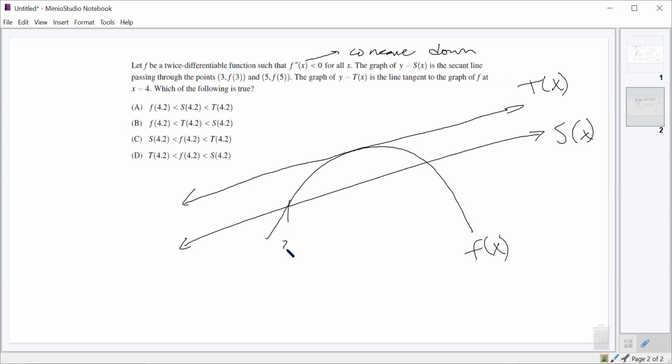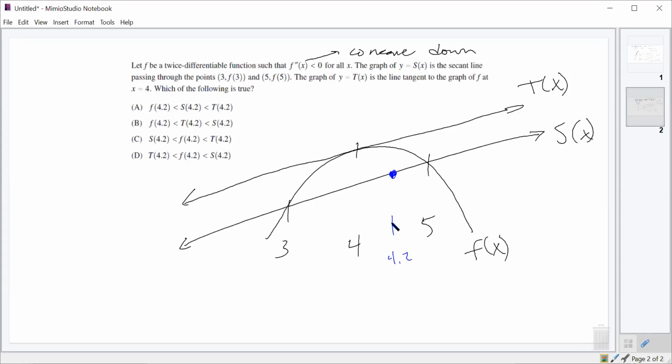We know that this is 3. We know that this is 5. We know that this is 4. And we're interested in the value of f, t, and s at 4.2. So we'll call this 4.2. Here is the value of s.